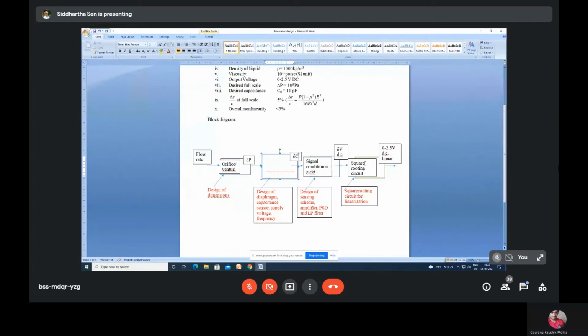And last, we need to have a square rooting circuit.